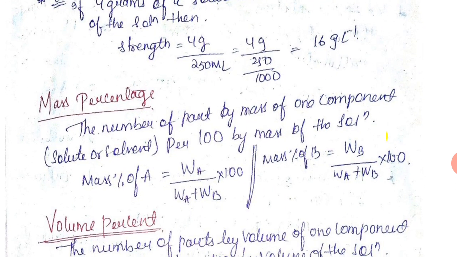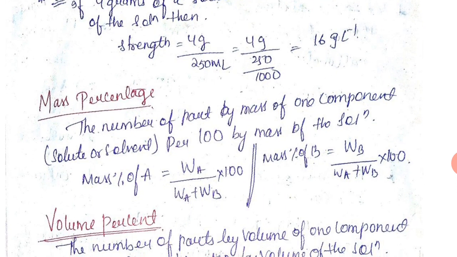Next, after strength, it is mass percentage. It is the number of parts by mass of one component, solute or solvent, per 100 parts by mass of the solution.